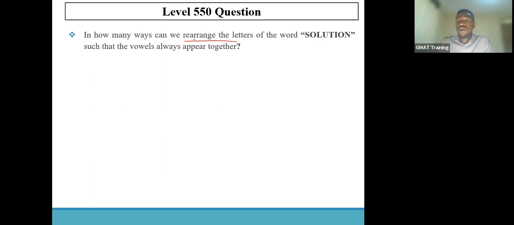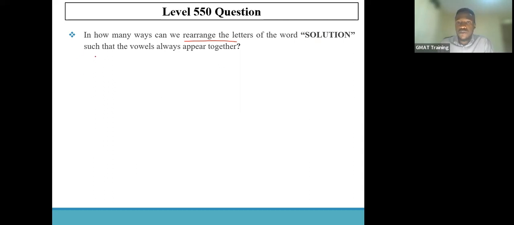And of course, the arrangement doesn't have to follow any particular order. In this case, we could have S beginning, as it is in the word SOLUTION, followed by any of the letters. We can also begin with any other letter, and the different arrangements can follow any particular order, right?